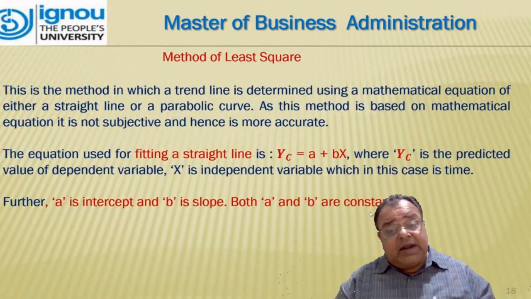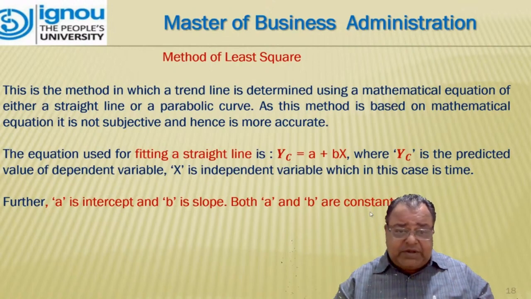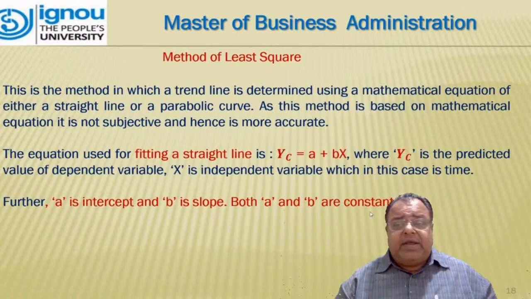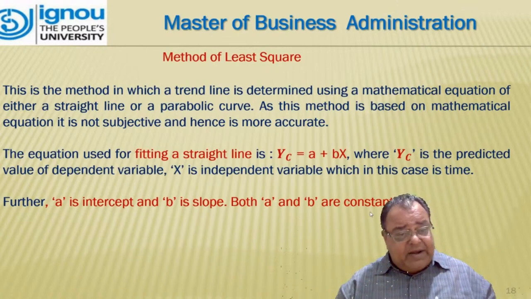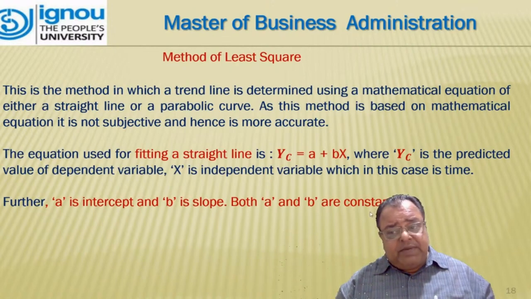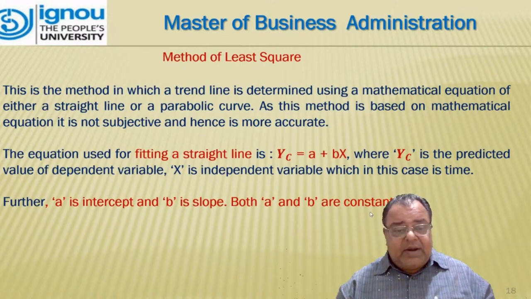Then comes the method of least squares. This is a method in which a trend line is determined using a mathematical equation of either a straight line or a parabolic curve. As this method is based on a mathematical equation, it is not subjective and hence it is more accurate.